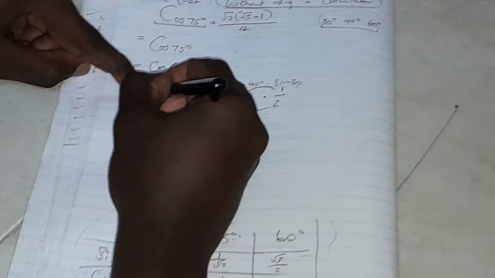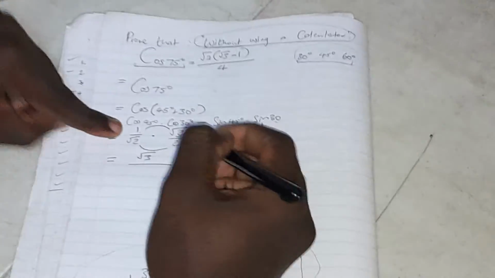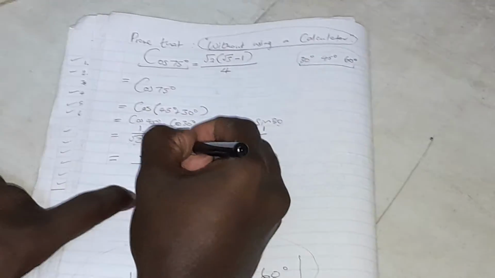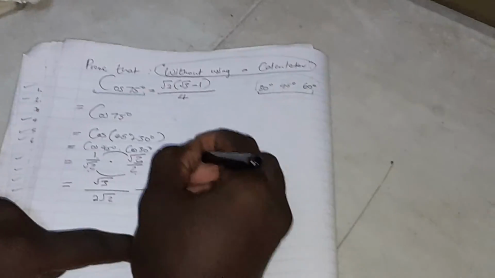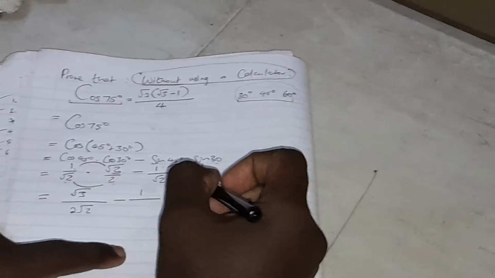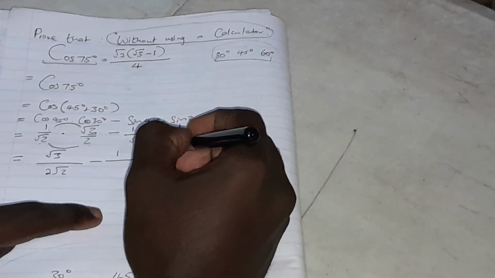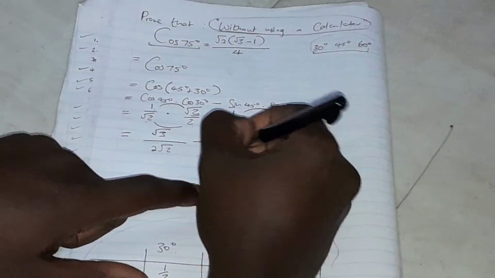So I have 1 times the square root of 3 is square root of 3 over square root 2 multiplied by 2 is 2 square root 2, minus 1 times 1, I have 1 over 2 times square root 2, I have 2 root 2.